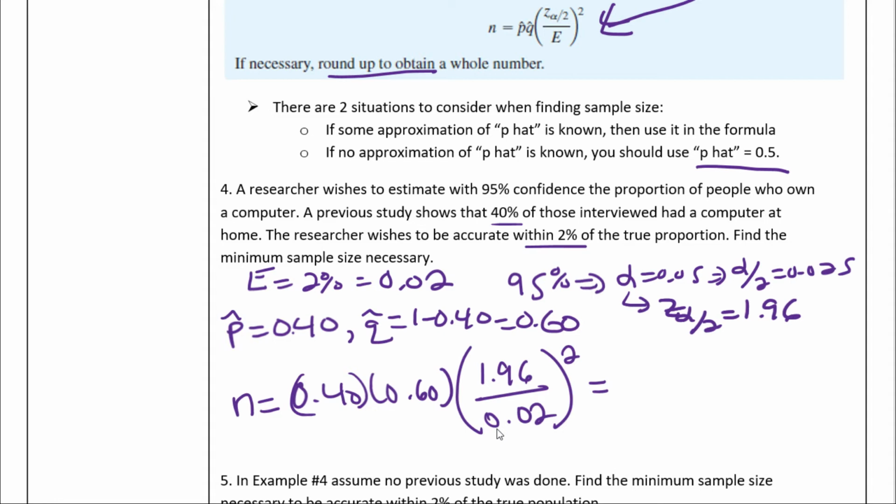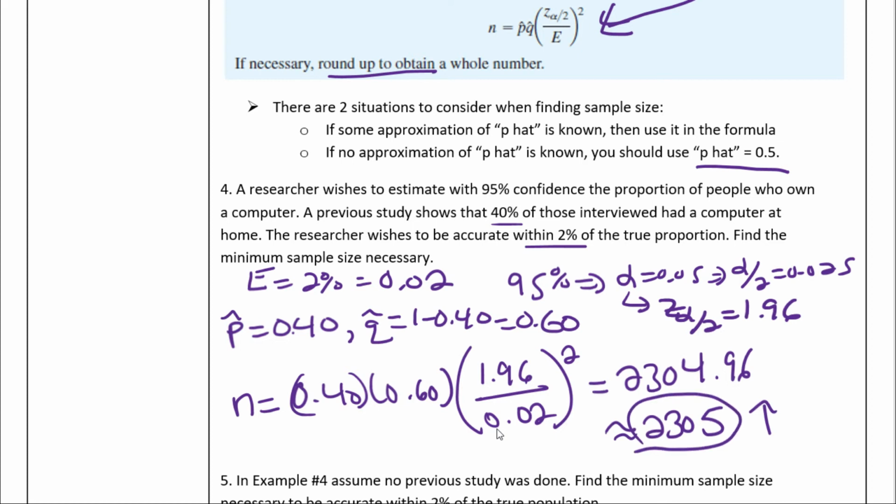Okay, so I got 2,304.96, which we're going to round. We always round it up, so 2305. So always round up. So that's the minimum sample size that we need for the study for this particular confidence interval.